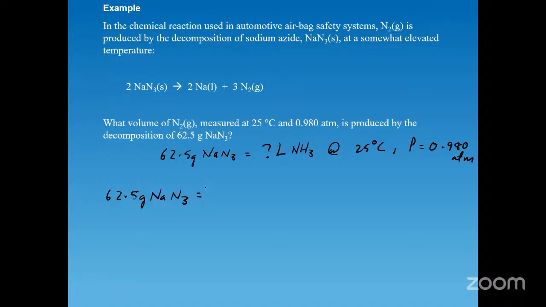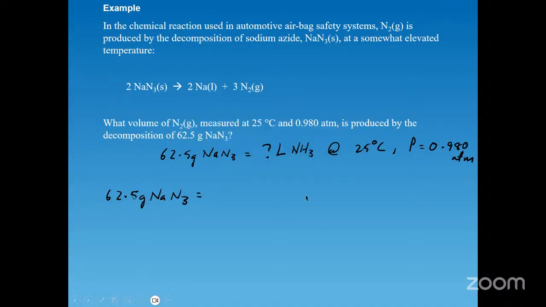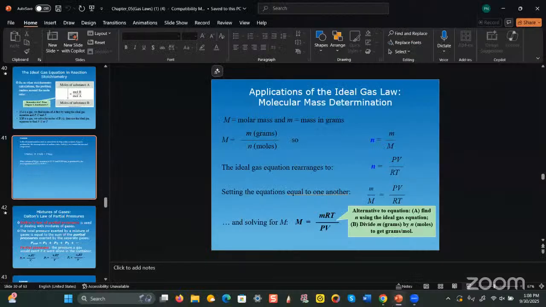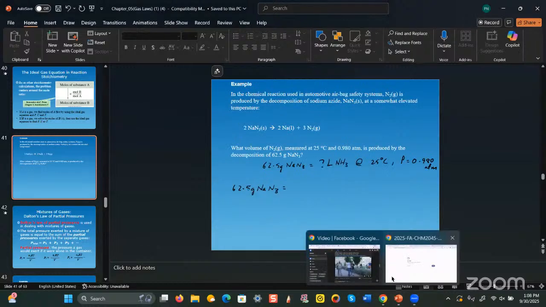Being the lazy person I am, I'm going to use my trusty molar mass calculator to calculate the molar mass of sodium azide.